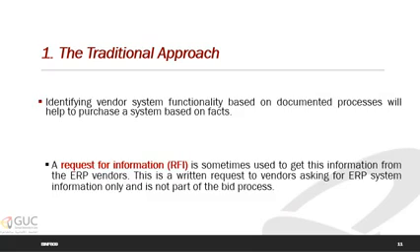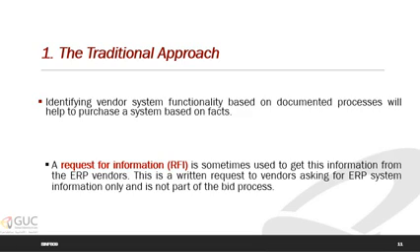With departmental functions and business processes documented, the company can now perform a high-level evaluation of the vendors identified. A request for information is sometimes used to get the information from the ERP vendors. This is a written request to vendors asking for ERP system information only and is not part of the bid process.